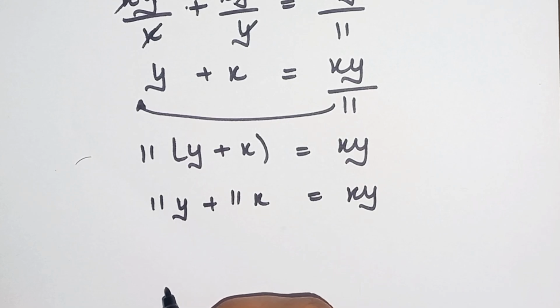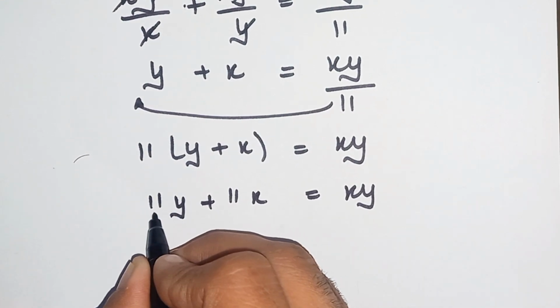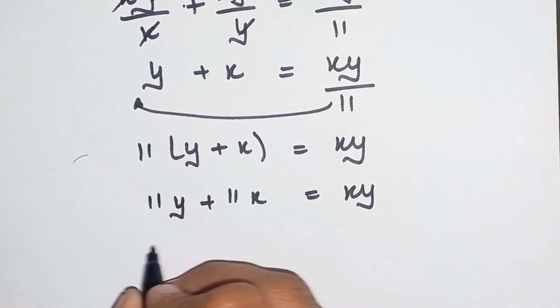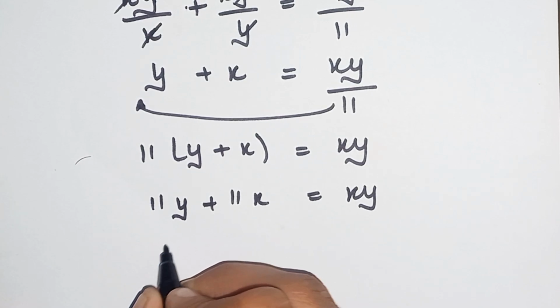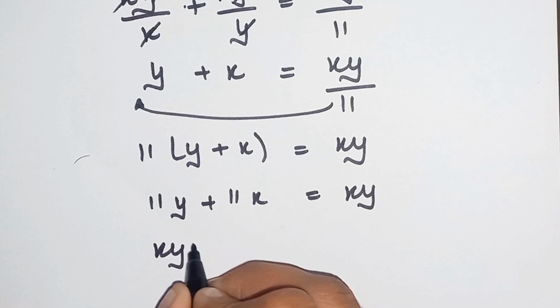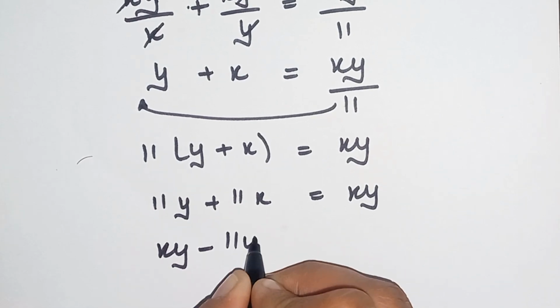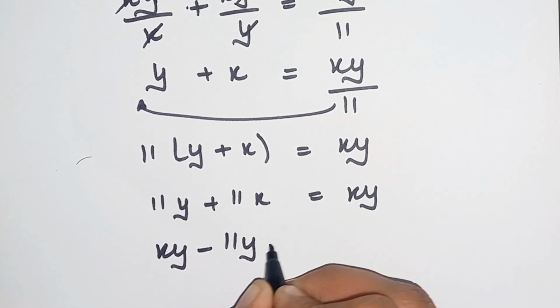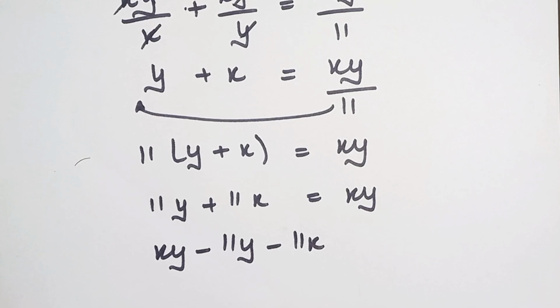So now, if we take this out of there, our result is xy minus 11y minus 11x.